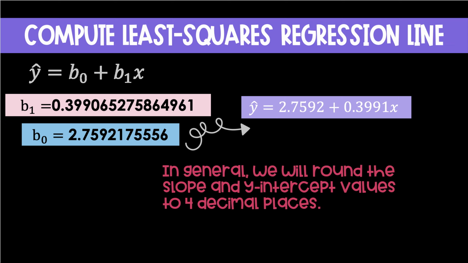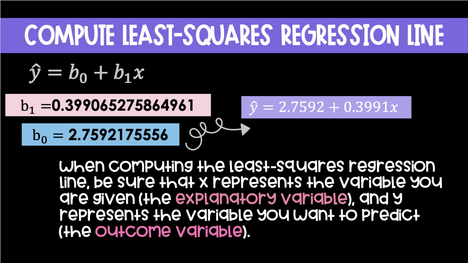We usually round the slope and the y-intercept values to 4 decimal places. If your assignment asks you to round to a different decimal place, please follow the instructions in your assignment. Here we're going to be using our least squares regression line to predict the outcome variables using our explanatory variables.